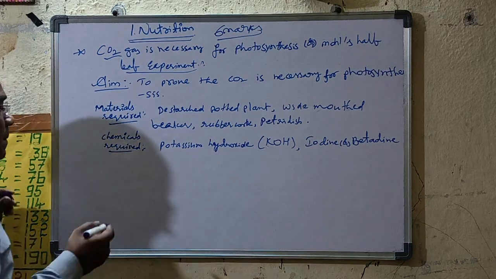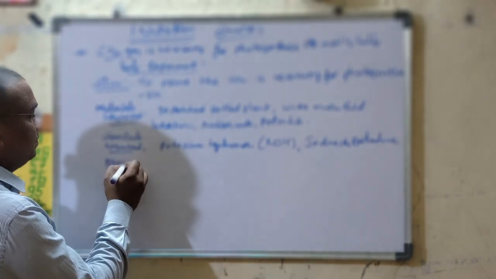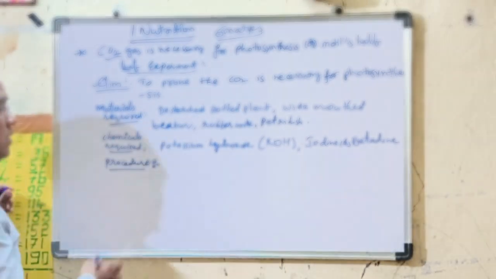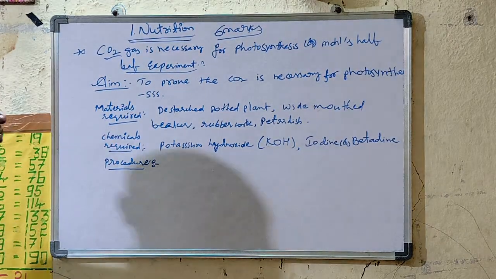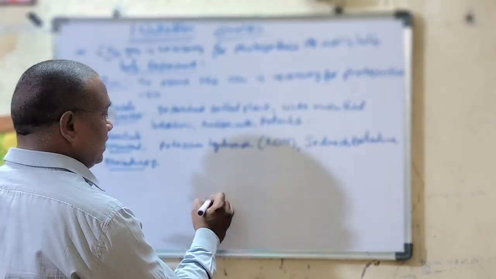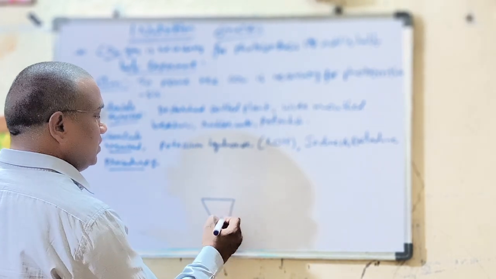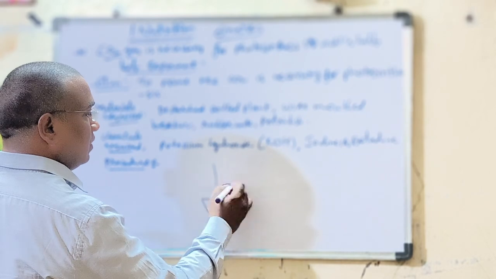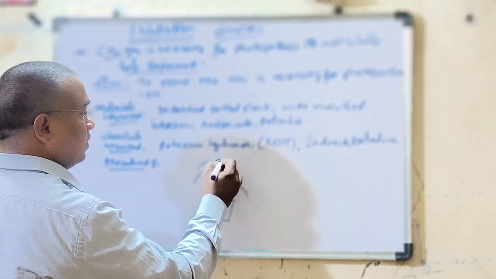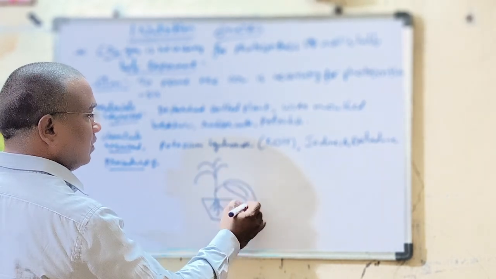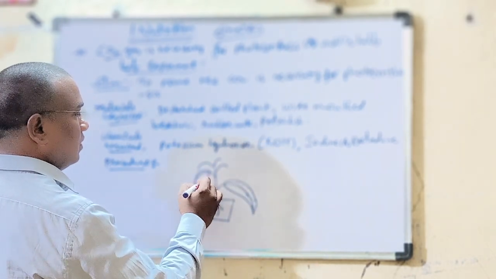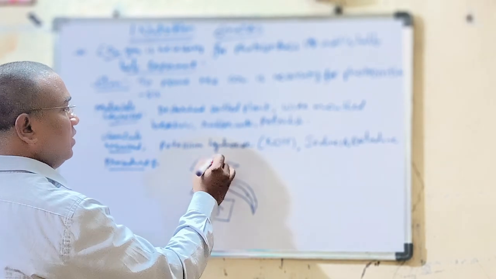Next is the procedure. What is the procedure? First of all, we take one destarched potted plant. Here are the roots and the leaves.